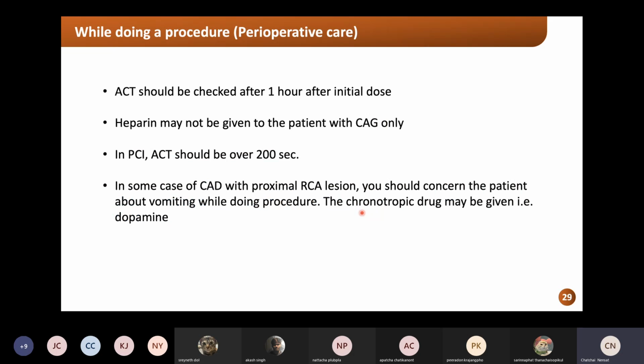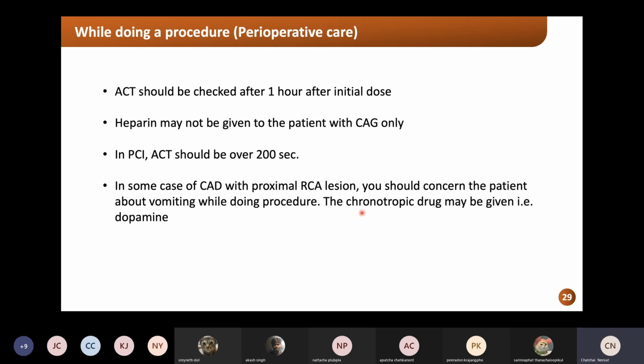Yeah, and the ACT should be checked as well while doing the procedure, one hour after the initial dose is given. Normally when the patient is doing the CAG, heparin won't be administered at all.